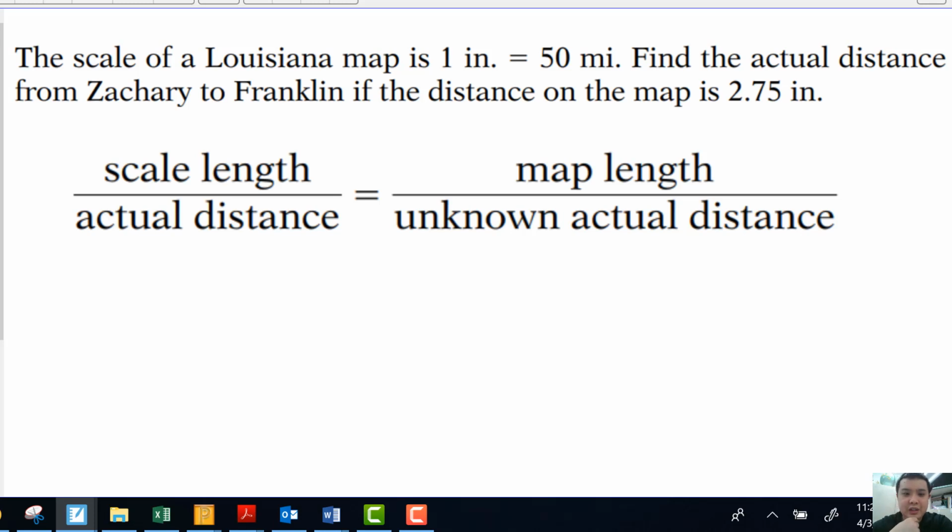So here, 1 inch is 50 miles. We need to find out what 2.75 inches is in terms of the ratio. The scale length is this one right here. The actual distance it represents is this one right here.